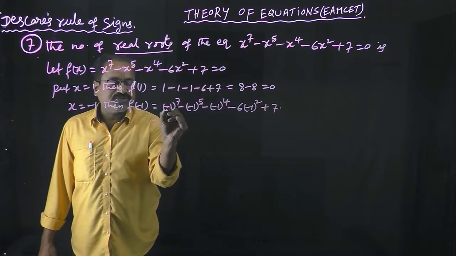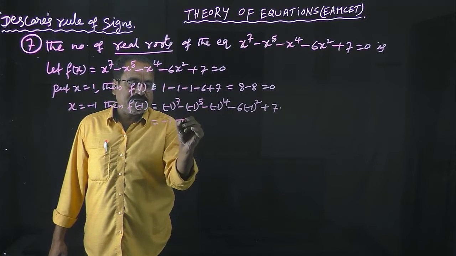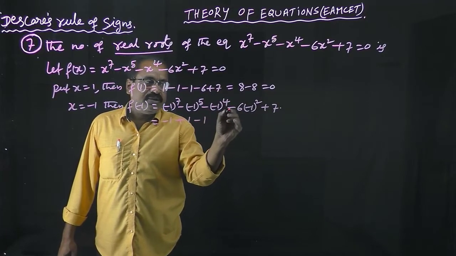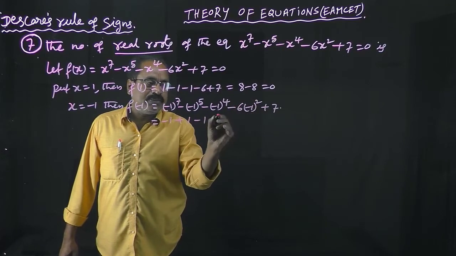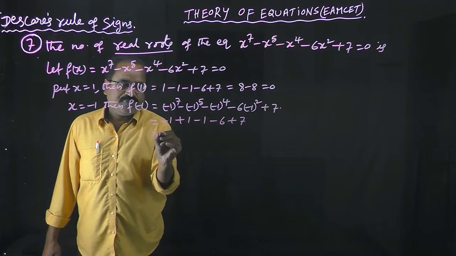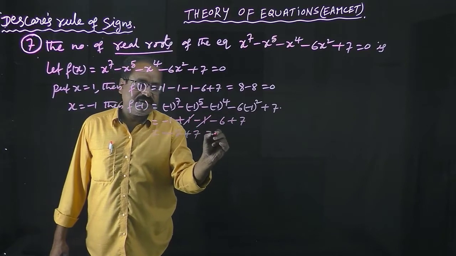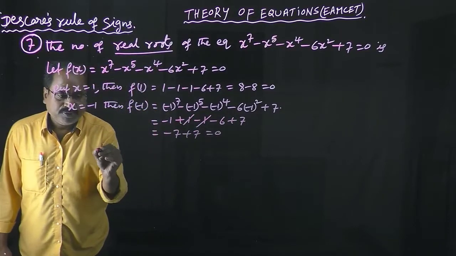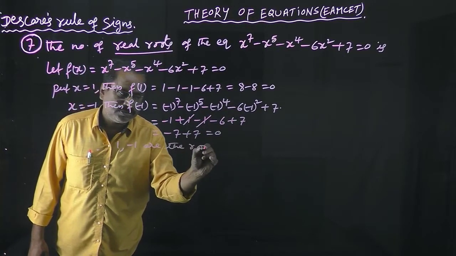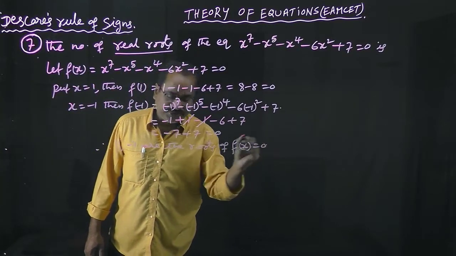So minus 1 whole power 7 is minus 1, minus 1 whole power 5 is minus, into minus, plus 1, minus 1 whole power 4 is plus, so minus 1, minus 1 whole square is plus into minus, minus 6 plus 7. So this is equal to plus 1 minus 1 gets cancelled, minus 7 plus 7 is equal to 0. Therefore 1 comma minus 1 are the roots of f of x is equal to 0.